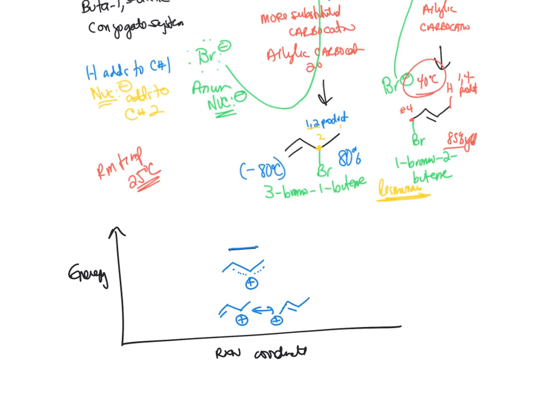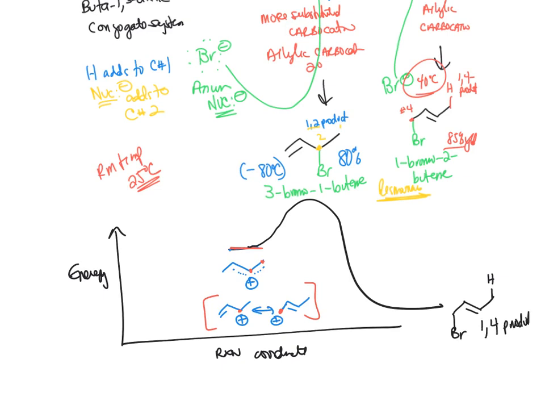It's showing you that this carbon's either here or this carbon is here. So these are your intermediates. You can do your resonance here on the intermediate. That's the valley. Then if you go up here, this is your more stable product. Hydrogen adds there and bromine adds there, because this is the 1,4 product, and it's more stable because you have an internal carbon-carbon double bond.